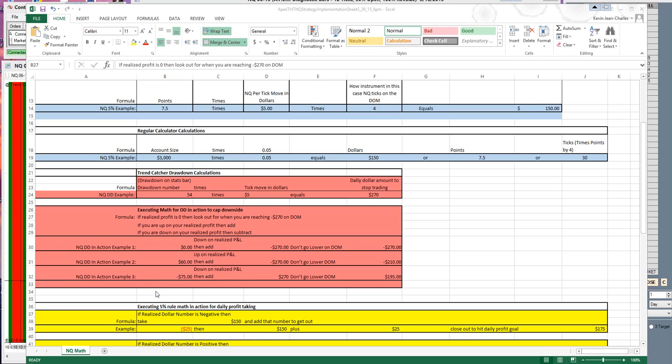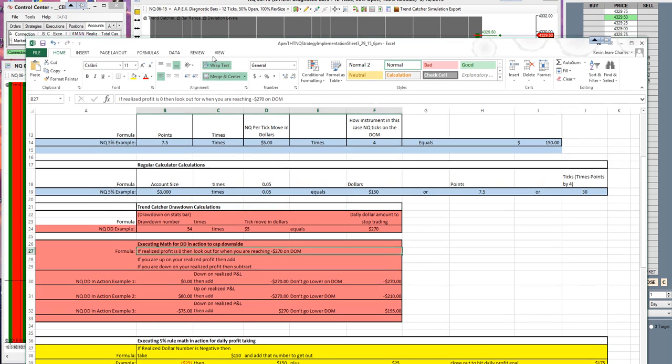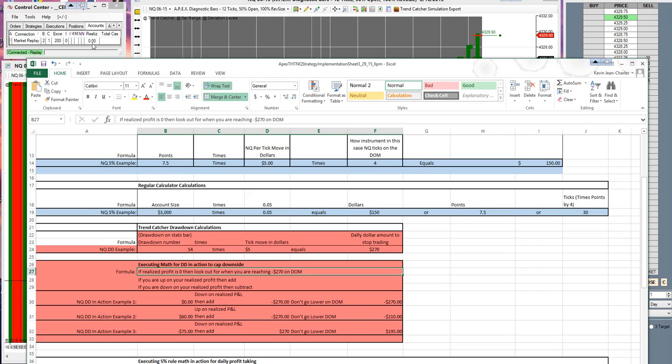Now to go a little deeper into the drawdown, I'm going to show you the executing math for the drawdown in action to cap downside risk. Basically, the formula is: if realized profit is 0, and what I mean by realized profit is, we're going to go right here. If it's market replay, you'll see it right there.